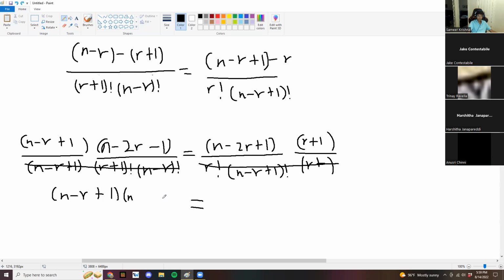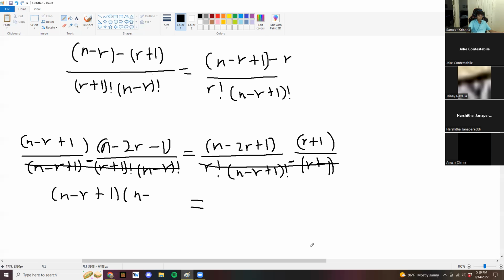Wait, I don't get why you canceled n minus r plus 1 and r plus 1. Basically, what I'm doing here is when you multiply these two together and these two together, you get the same denominator on both sides.